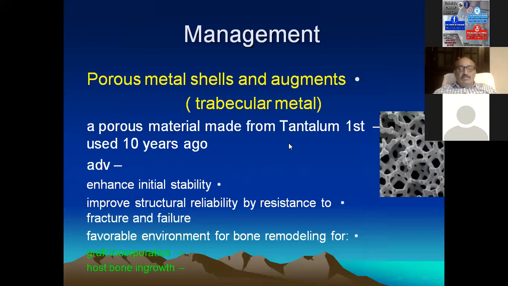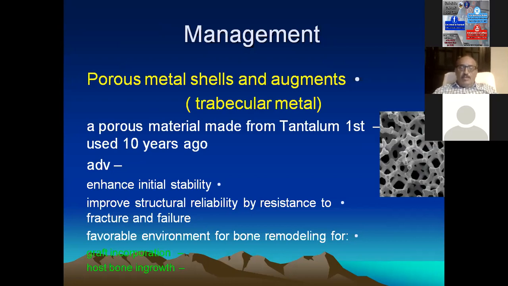The new and very helpful method of reconstruction now is called porous metal shells or trabecular metal, which is a porous material made of tantalum. It has been used in the last 15 years. It enhances the initial stability of the cups.